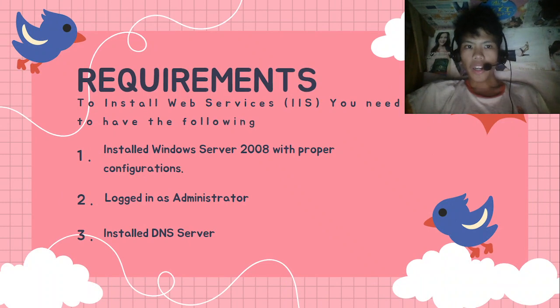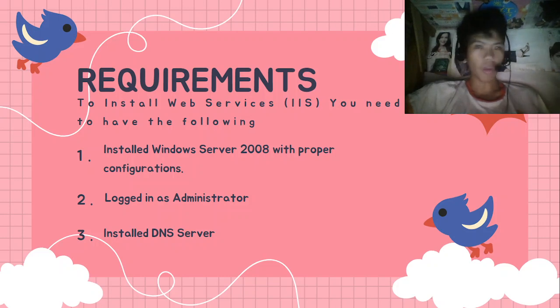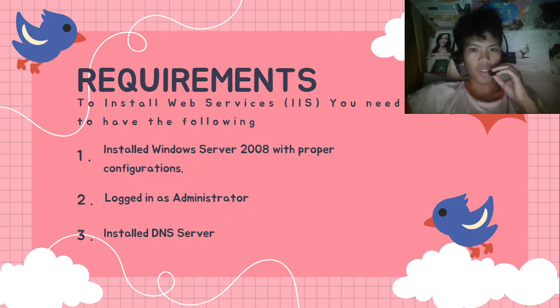So here are the requirements to install web services or IIS. You need to have the following. First, we need to install Windows Server 2008 with proper configurations, since I'm using Windows Server 2008 for this demo. Next is log in as administrator.